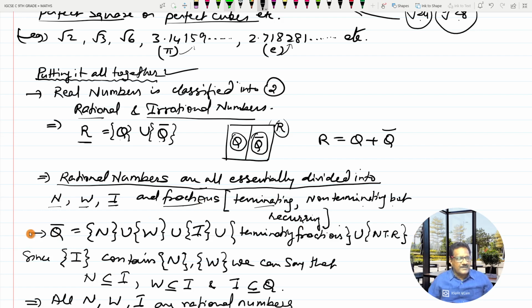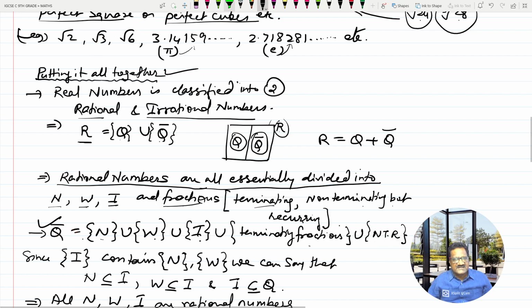Now Q bar, this is irrational number. So what is this irrational number? Now this is something I have written: natural number union whole number union integer union terminating fractions union non-terminating recurring numbers.